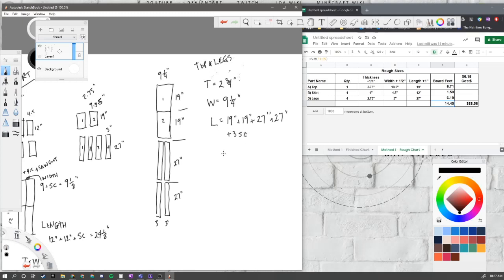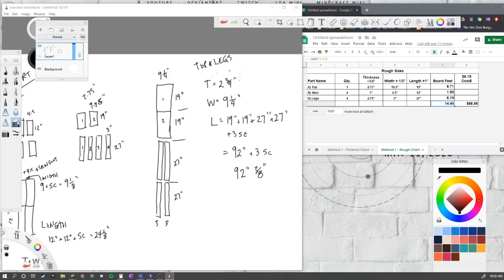So this all here adds to 92 plus 3 saw cuts of 1/8, so 3/8. So 92 inches and 3/8.